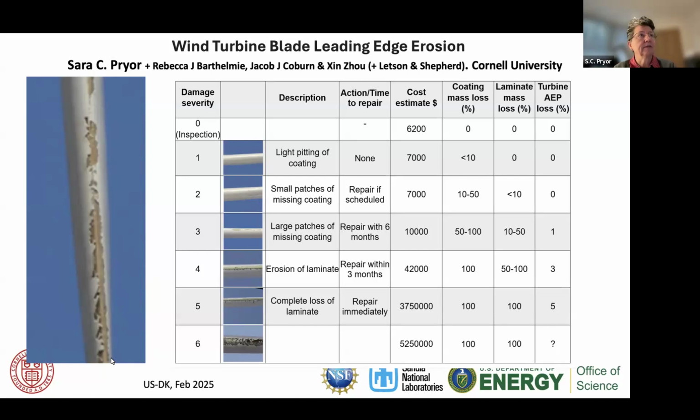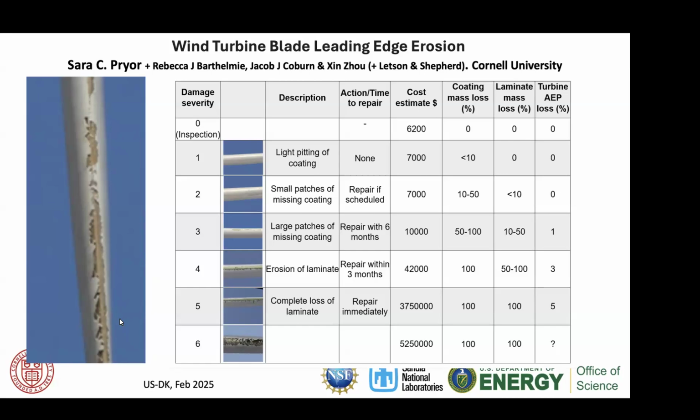This matters because if you think about a wind turbine blade, it comes out of the factory and it's aerodynamically perfect. So you're getting maximum lift and minimized drag, so you get most power production. If you start to get this kind of roughening of the blade surface, you get an increase in drag, a reduction in lift, so you lose power production.